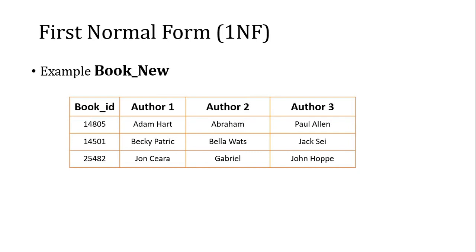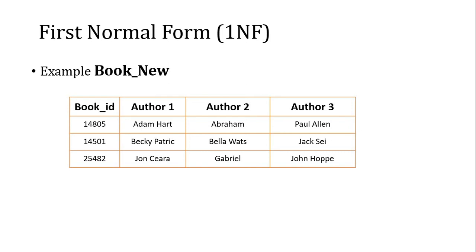But the problem is, if there are more than 3 authors, what do you have to do? You will create a new attribute. Okay, fine. Then if you have 25 authors, what will you do? Create 25 columns, but most books don't have 25 authors.